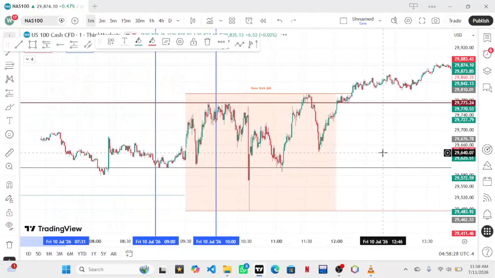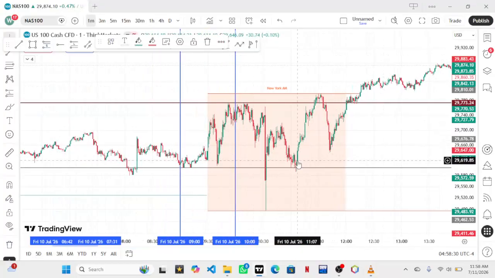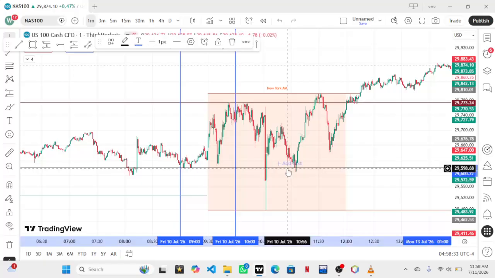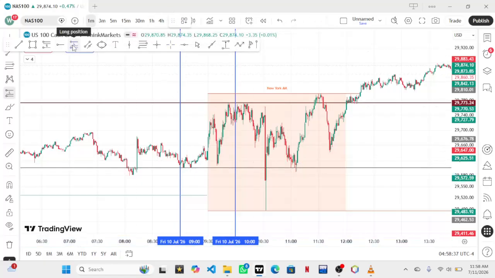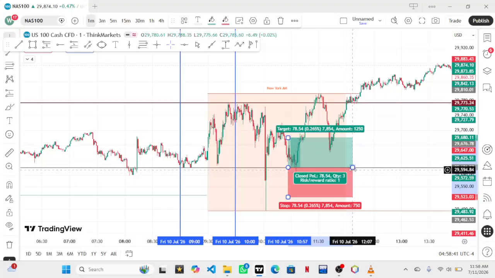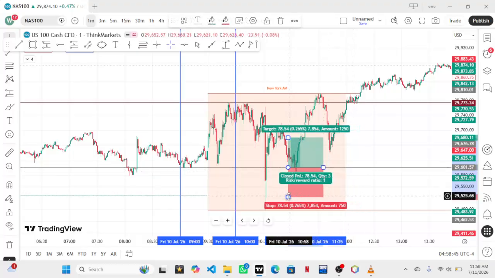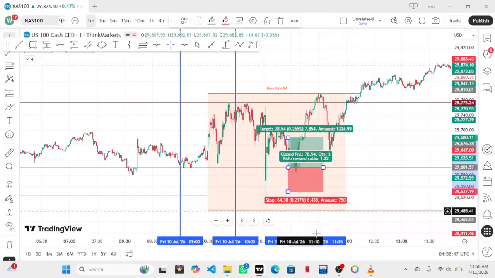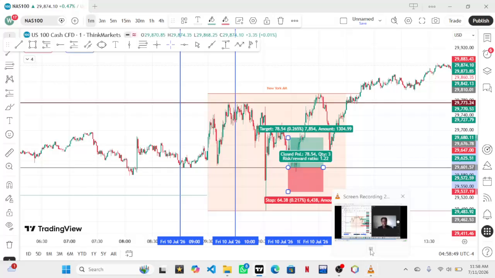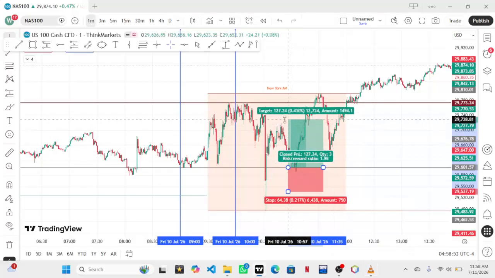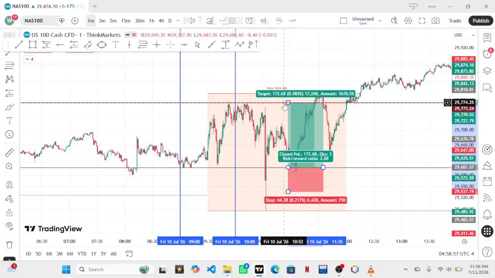And come to think of it, let me take my long position. Here is where my long position would have been. Closing below that, going up to this zone.